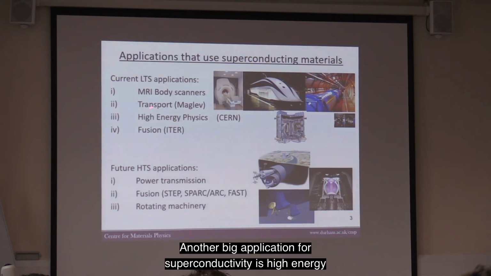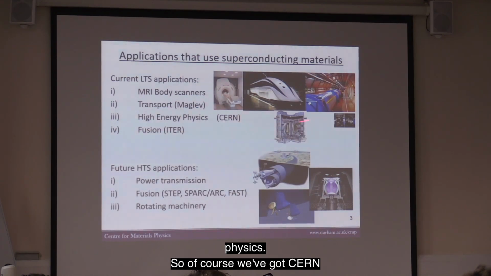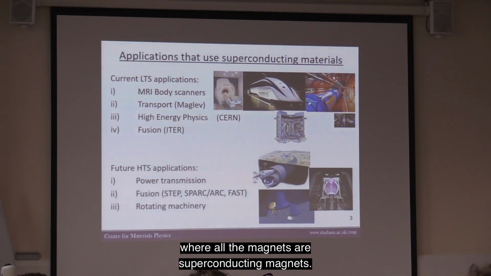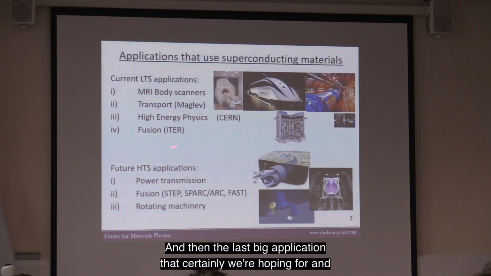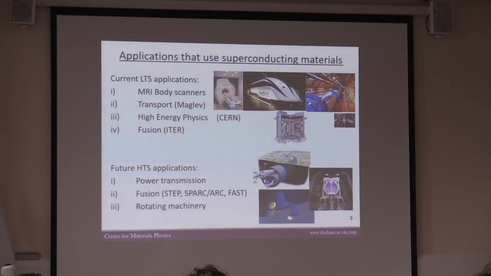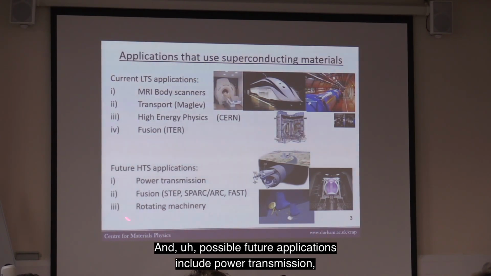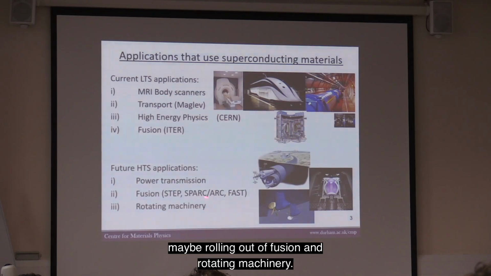Another big application for superconductivity is high energy physics. So of course we've got CERN, where all the magnets are superconducting magnets. And then the last big application that certainly we're hoping for, and is using a lot of superconducting materials at the moment, is fusion. And possible future applications include power transmission, maybe rolling out of fusion, and rotating machinery.